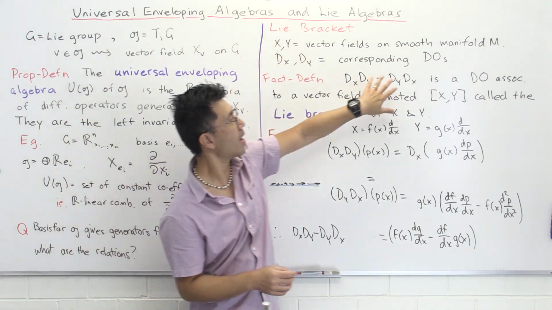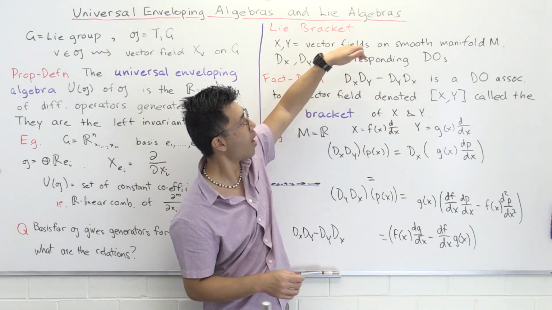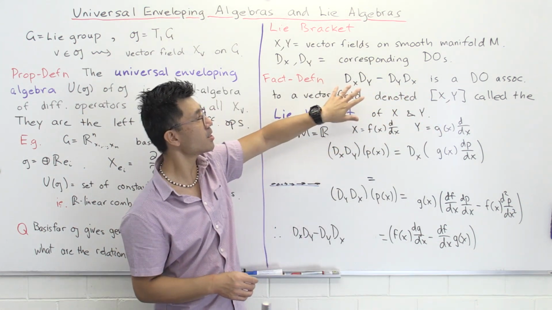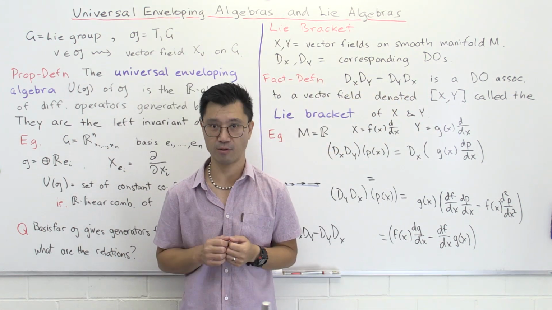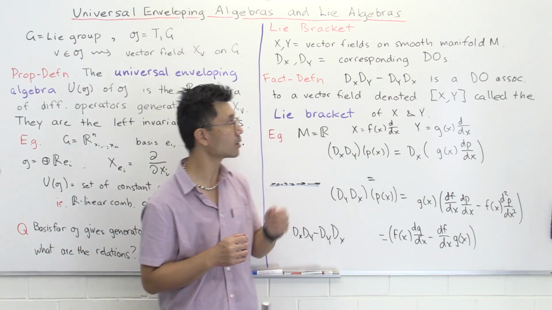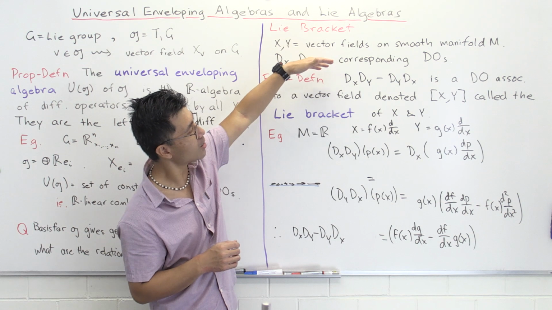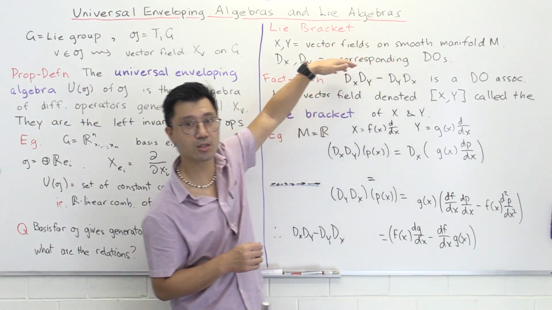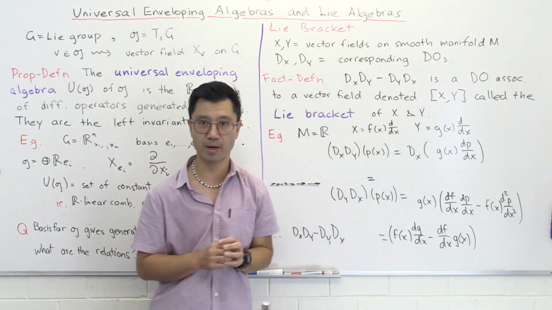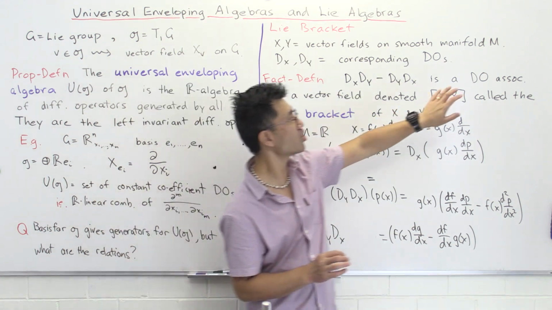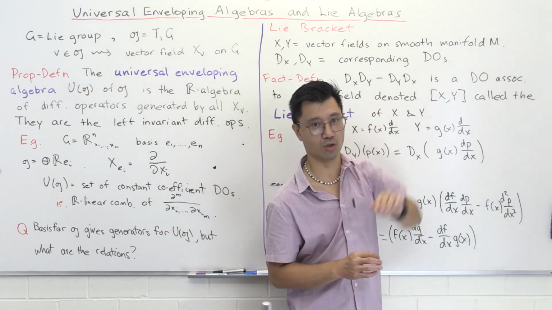So if you look at an expression like dx dy minus dy dx, this is initially a second order differential operator. On the face of it, its order is at most 2. So it looks like a second order differential operator. But strangely enough, it's actually a first order differential operator.